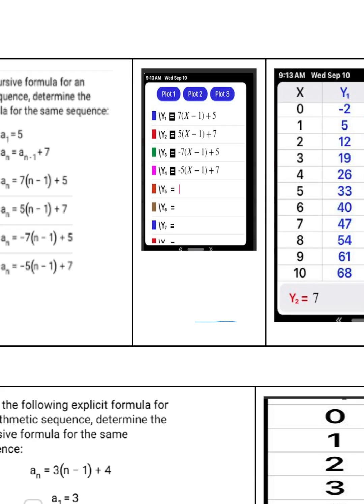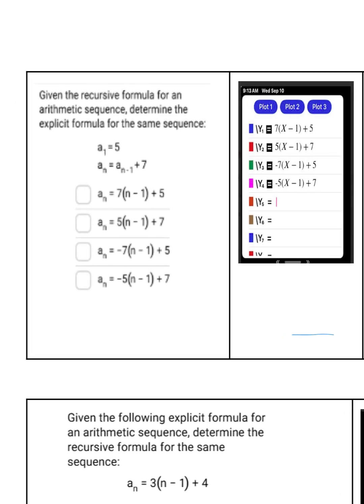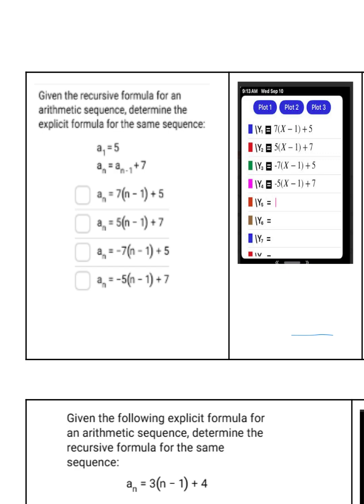But I put all 4 in y equals. And we're looking for 5 to be our first term, right? And to add 7. What's 5 plus 7? 12. So when x equals 1, it should equal 5. When x equals 2, 5 plus 7 is 12. So here, let's draw a little table out.